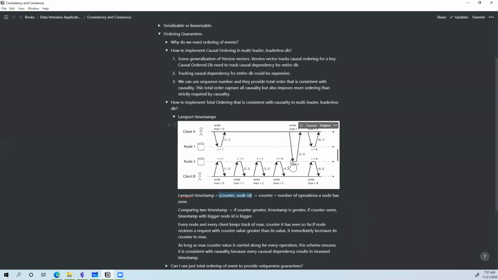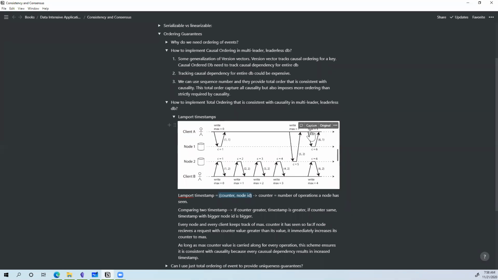The node will take the maximum of what the client has sent and what it knows up till now. The client has seen 1 operation, but this node has seen 4 operations so far, right? So it knows that its value is more recent. It will make this 5, because 4 plus 1 is 5, and it will return that it has seen 5 operations.